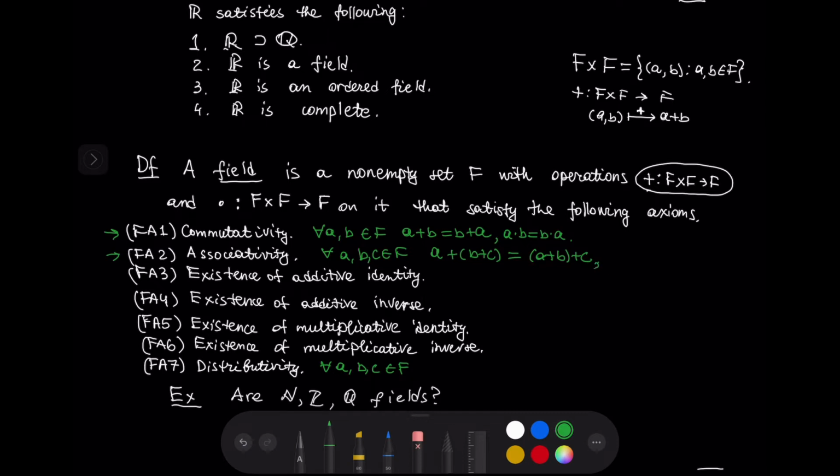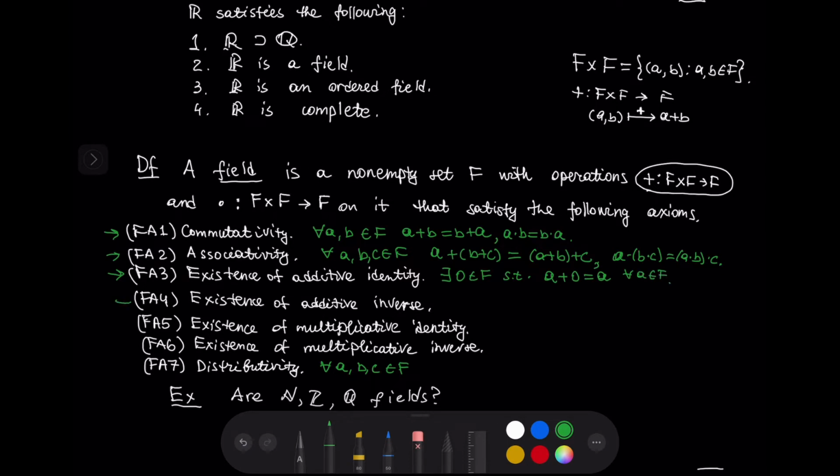And similarly for multiplication, (A times B) times C is A times (B times C). Now the next axiom is existence of additive identity. This axiom means that there exists a 0, an element of F, such that when we add 0 to an element A of F, nothing changes. So A plus 0 is equal to A for every A in F.